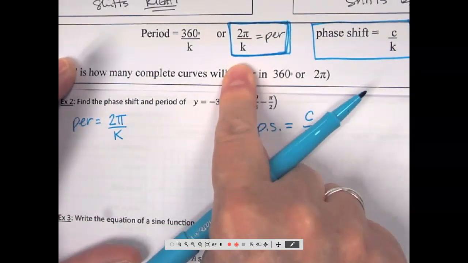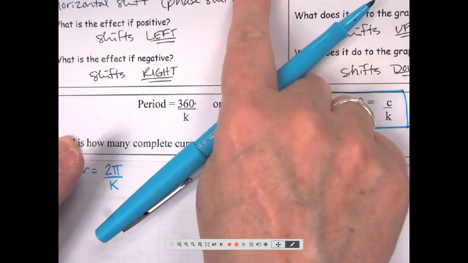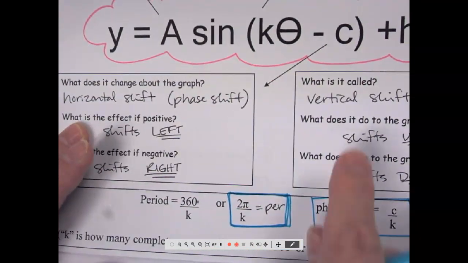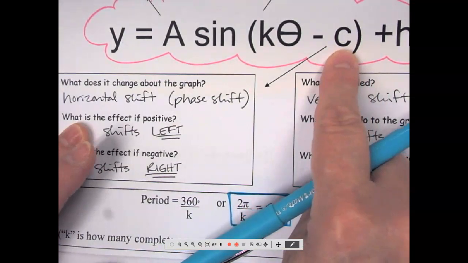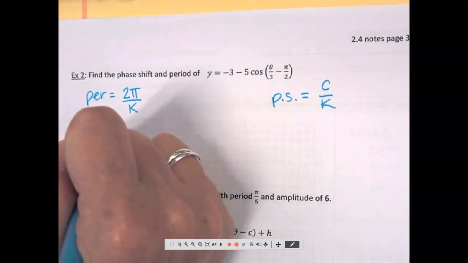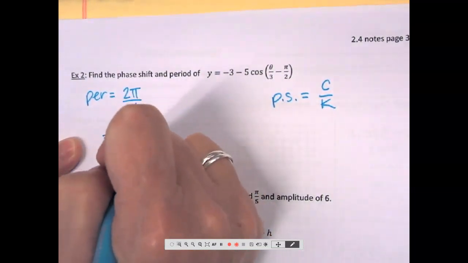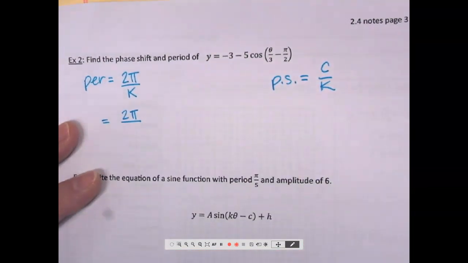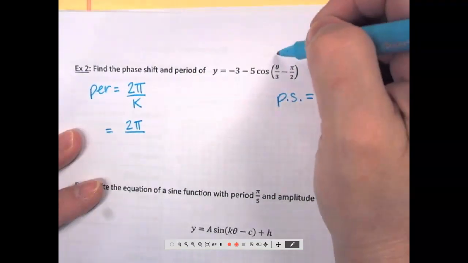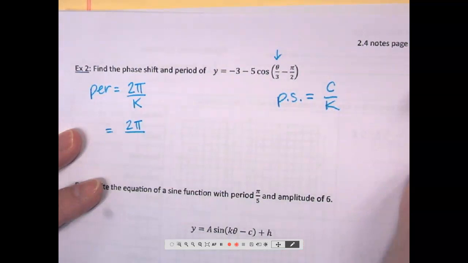Where do I find k? In front of the angle. And where do I find C? Inside the parentheses. Okay, so here we go. Period is 2 pi over, what is my k here? What number's in front of theta? 1, someone said it? 1/3.